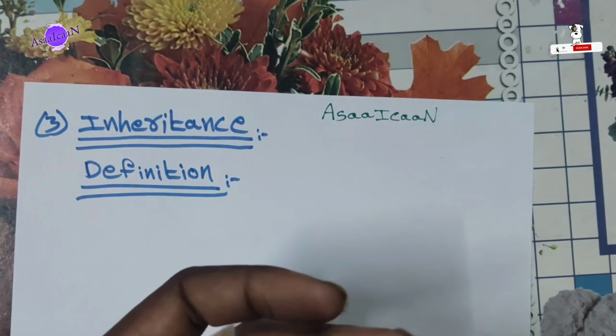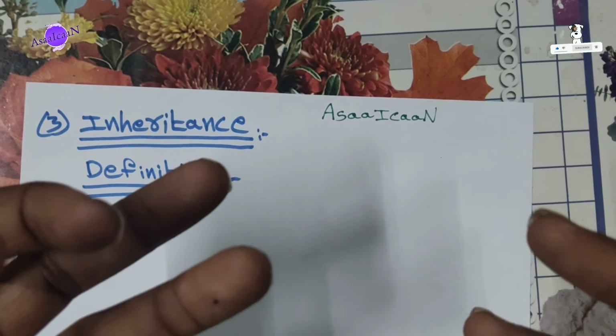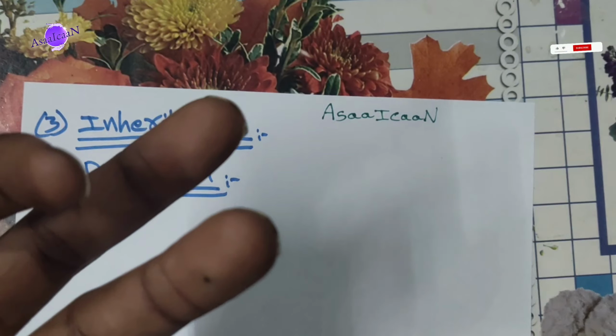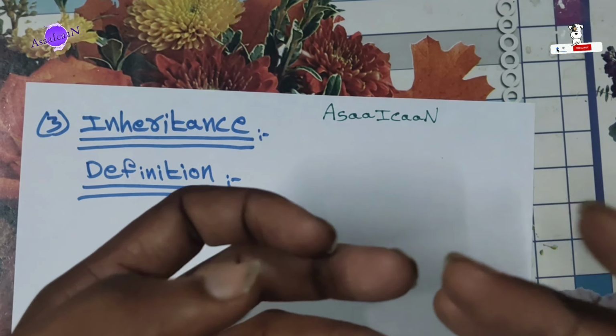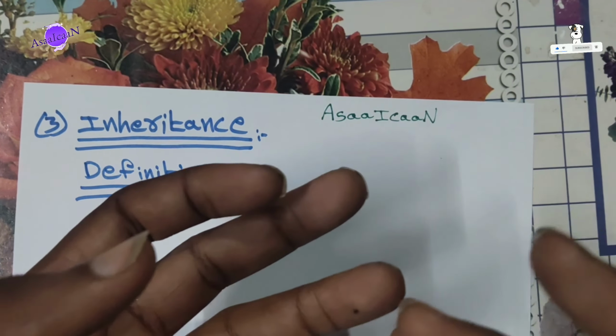Understand? The dog class does not need to rewrite eat and sleep methods. It reuses them from animal. I think everyone understands it.